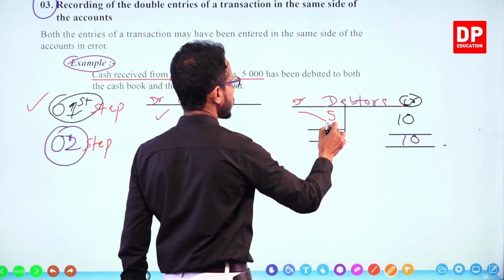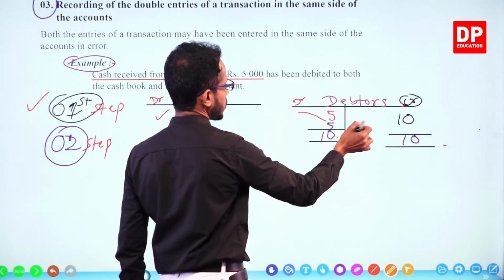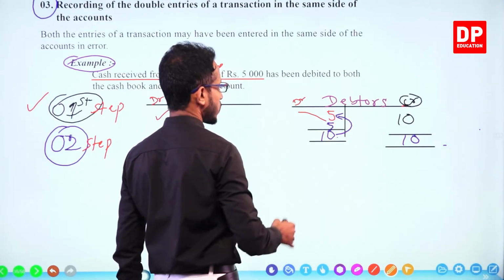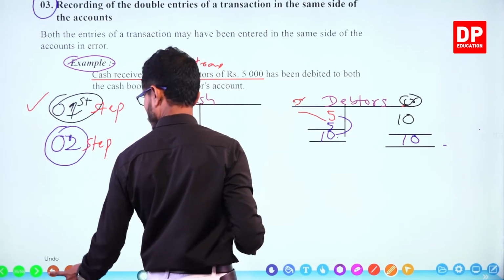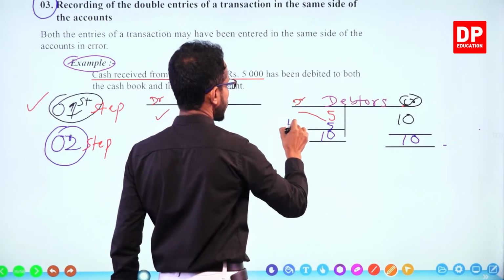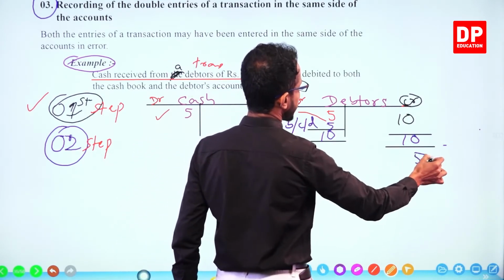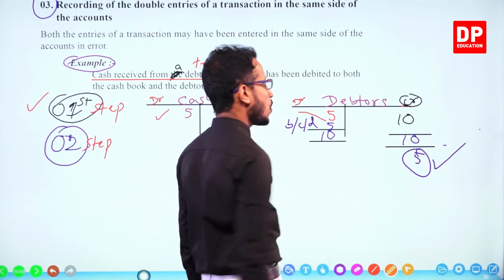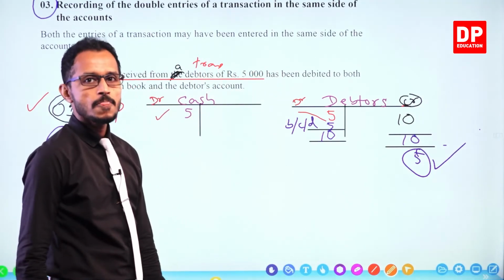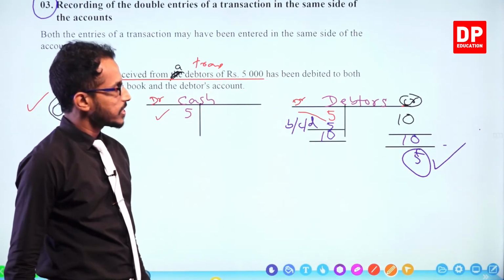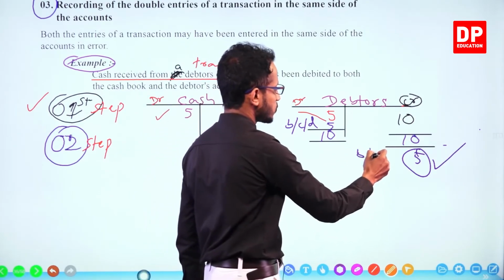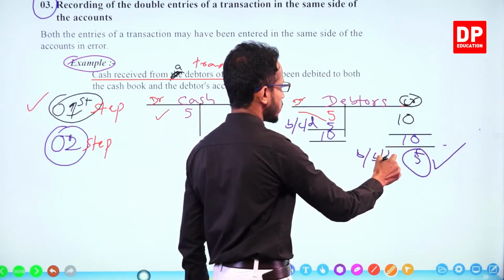Here the balance remaining will be 5 because 10 minus 5 is 5. That is the balance carried down, and it will be brought forward to the credit side. That is the balance brought forward.